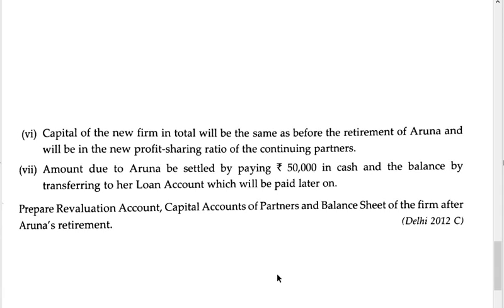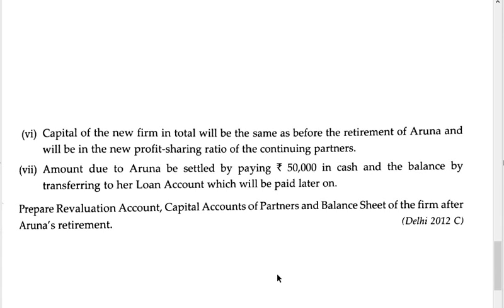Then he says the capital of the new firm in total. Be careful. What we require is the capital of the new firm. He's saying something about it. He says capital of the new firm in total will be the same as before the retirement of Aruna and will be in the new profit sharing ratio of continuing partners. Just be careful with this.